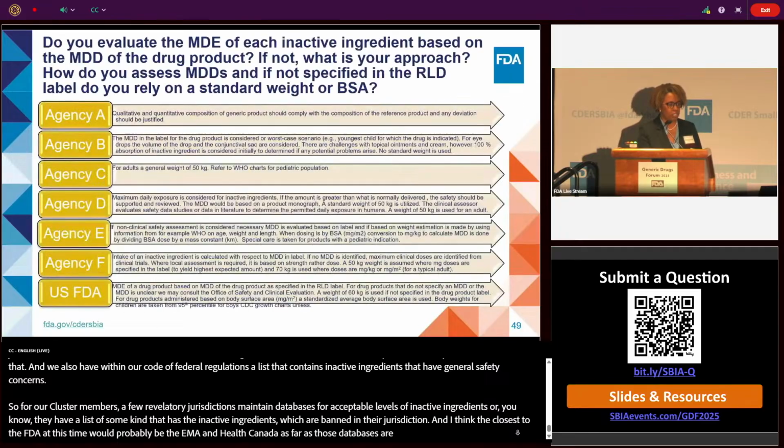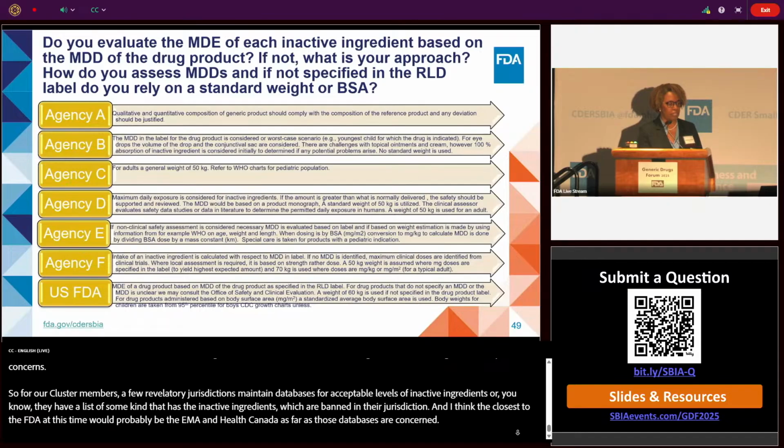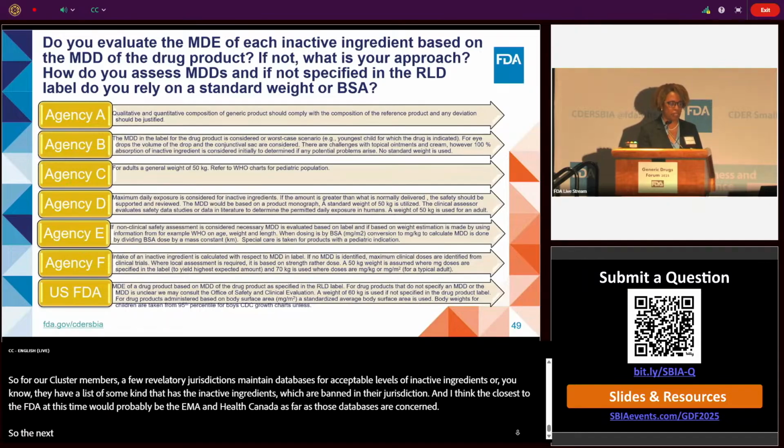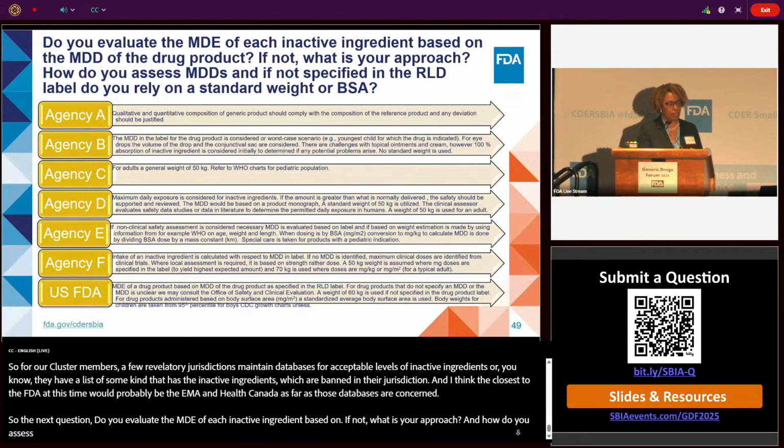So the next question, do you evaluate the MDE of each inactive ingredient based on the MDD of the drug product? If not, what's your approach? And how do you assess MDDs? And if not specified in the RLD label, do you rely on a standard weight or BSA?